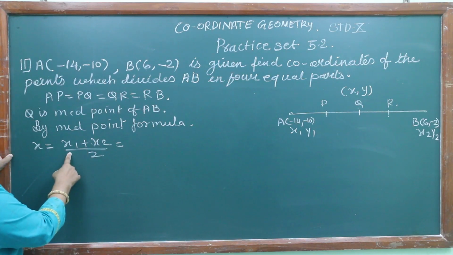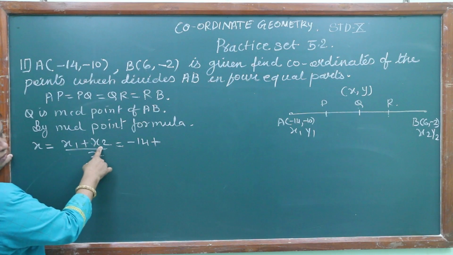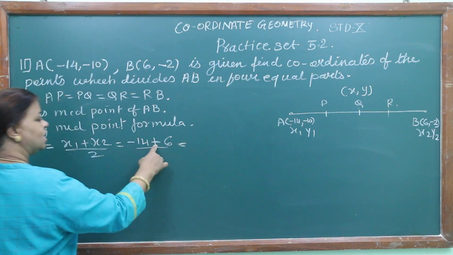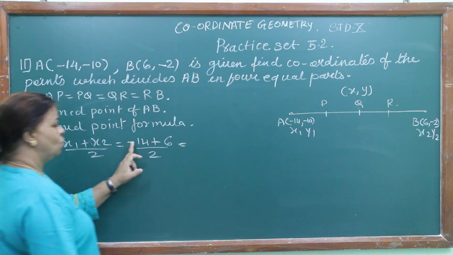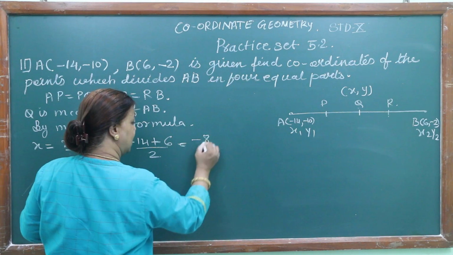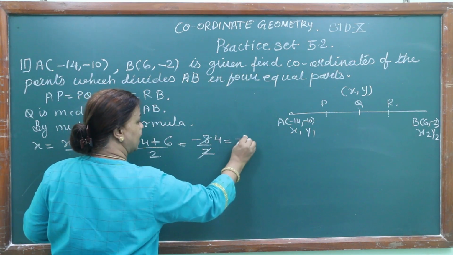Place the values. x1 is minus 14 plus x2 is 6 upon 2. One is minus, one is plus. So minus 14 plus 6 would be minus 8. Minus 8 upon 2, 2 fours are 8. So we got the x coordinate as minus 4.